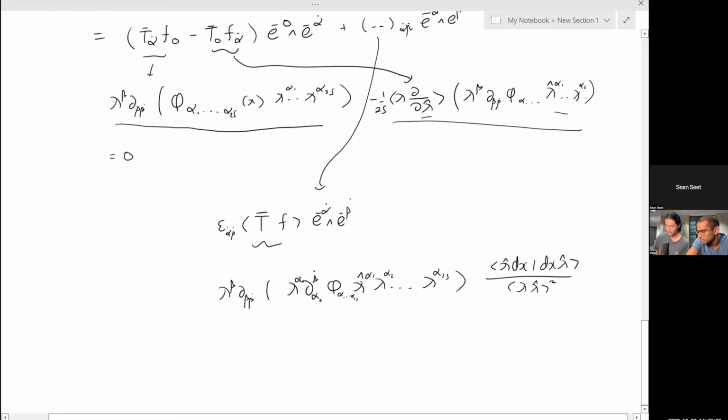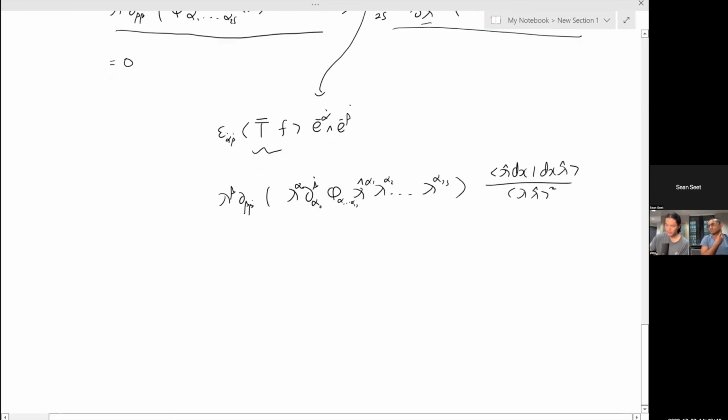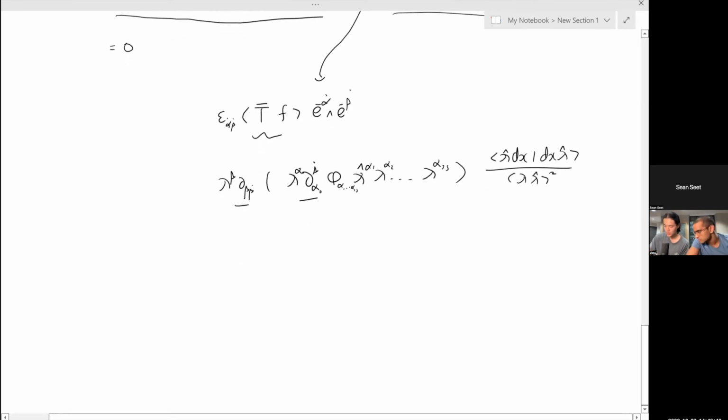Okay, sorry. And then note that this object is actually this box. So you even got the box here. It's not just the self-tail parts. It is true that the full equation will be satisfied.